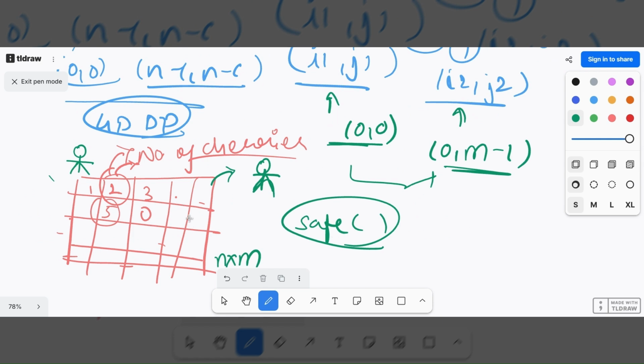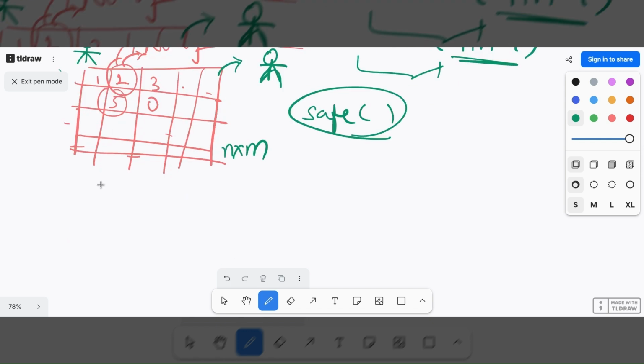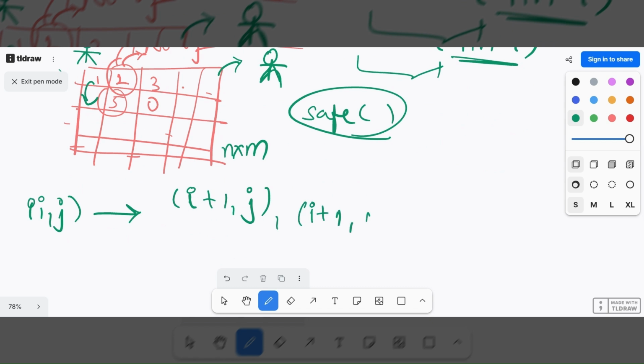Here there are three possible cases given: from i j a person can move to i plus 1, j. That means a row below. Or i plus 1, j plus 1, which means this way, and i plus 1, j minus 1, which means this way, if it exists.